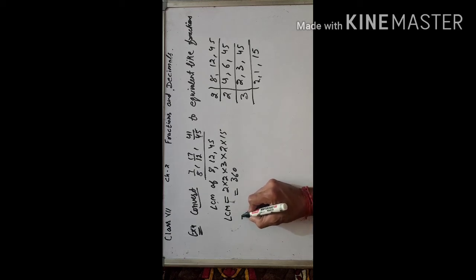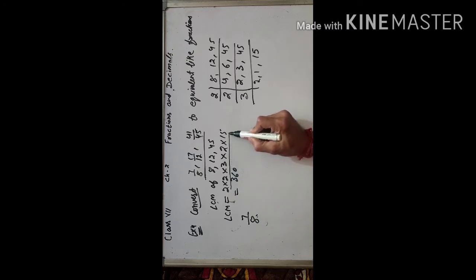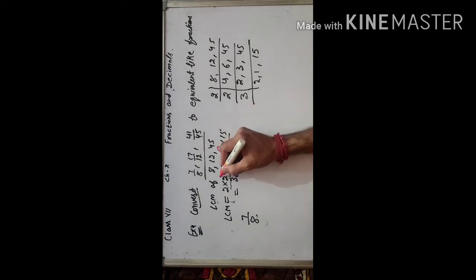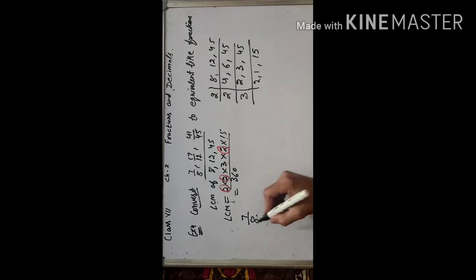Now the first fraction is 7 by 8. We have to make this 8 into 360. See the prime factorization: 2 2s are 4, 4 2s are 8. Leave these 2 2 2 and multiply 15 into 3, that is 45. Now we have to multiply 8 with 45 and 7 with 45.